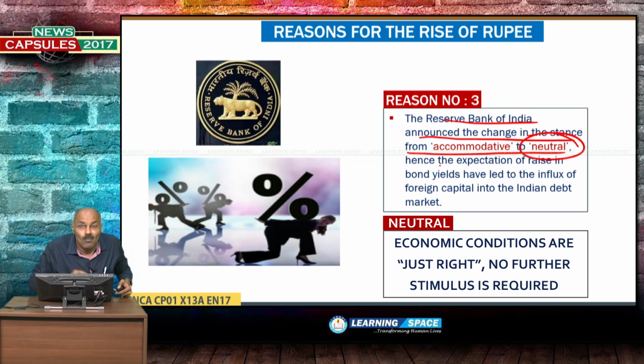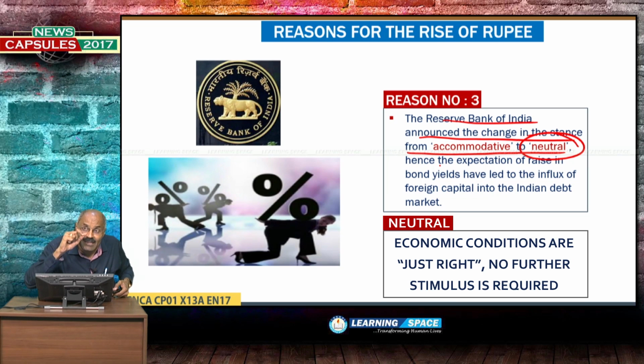Neutral means the monetary policy will be neither biased towards growth nor towards propelling inflation. That means the stance taken by the Reserve Bank of India is a neutral policy. So, its interest rates will not propel growth, or you can say it will be just to maintain the present inflation as well as growth balance.